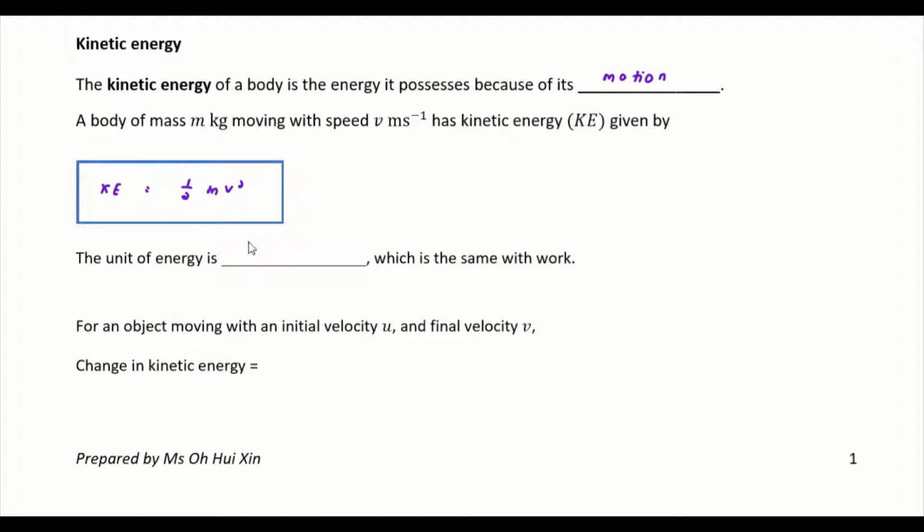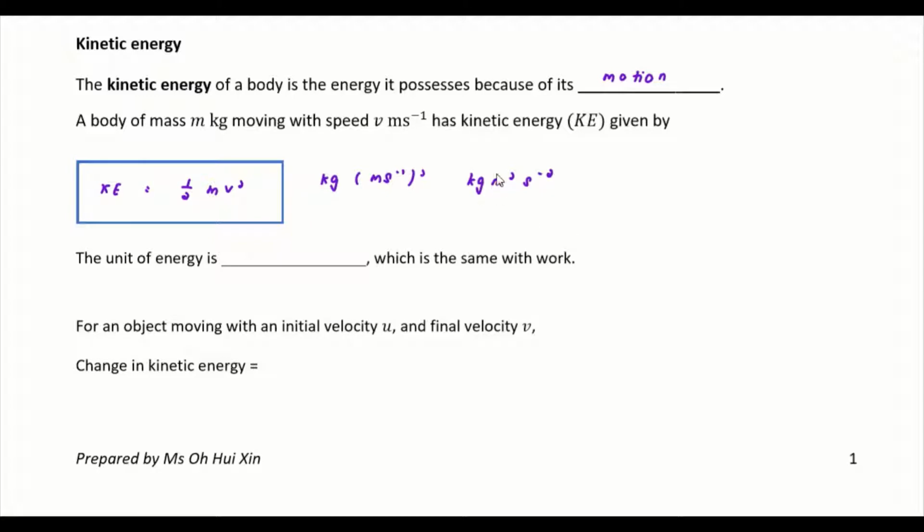So what's the unit of energy? Let's find out by using the formula here. For the mass, we have kg. For v squared, it's meters per second, squared. Half is a constant, so that's not going to give us any unit. Let's expand it, then we get kg m squared s negative 2.